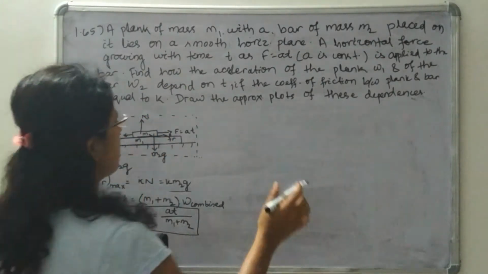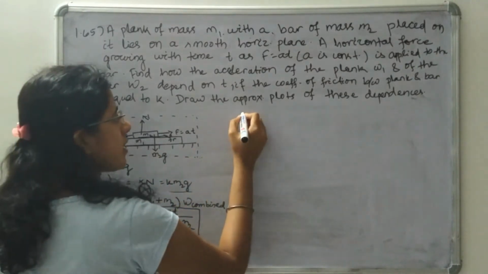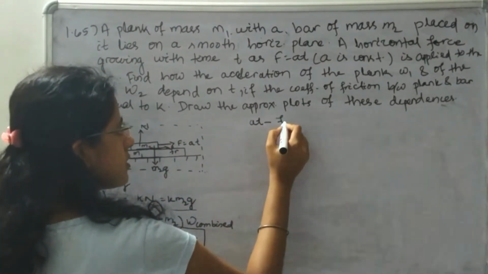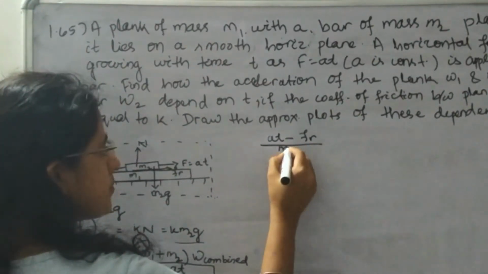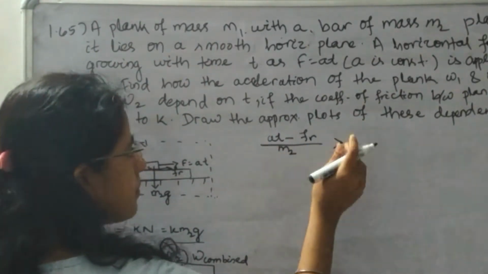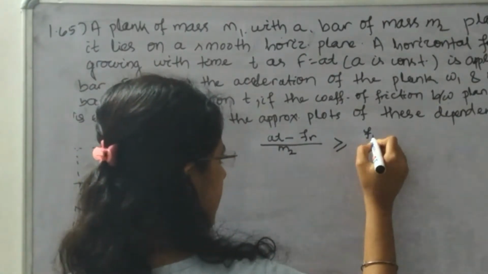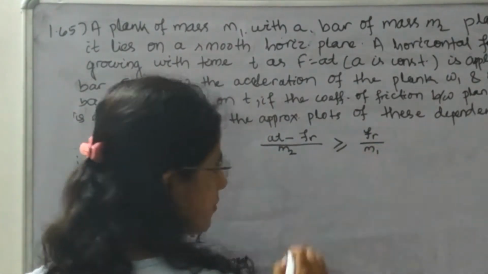How can we calculate? For bar m2, (At minus this frictional force) divided by m2 will be always greater than or equal to Fr divided by m1.